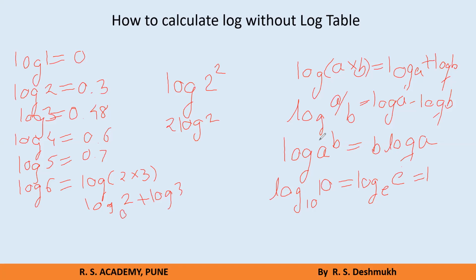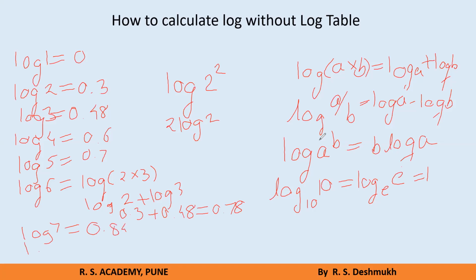So it is 0.3 plus 0.48. So it will become 0.78. So dear friends, you can directly get the value of 0.78 for log 6. Same thing we already found for log 4. Now we'll move to log 7. Log 7 is equal to 0.84.